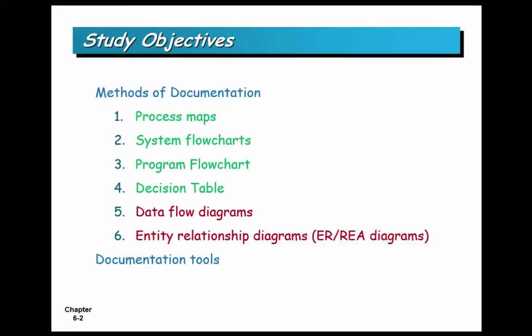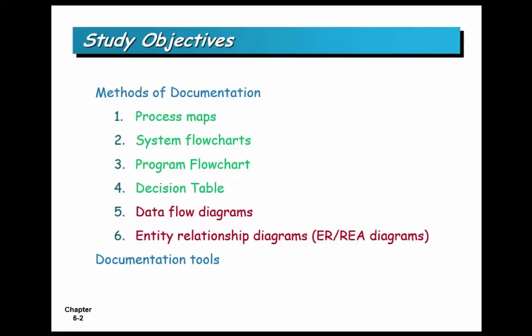We will talk about 6 documentation types. There may be others in the text. I'm going to focus on these 6. The 2 in red at the end will be your deliverable from the first phase of your project. Okay? You're not going to learn enough in Chapter 7 to be ready to do that.